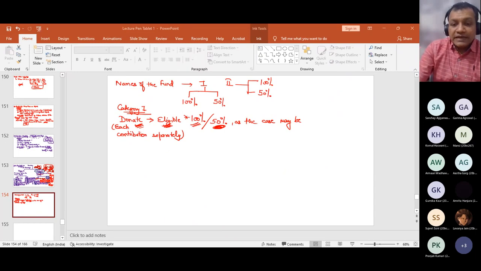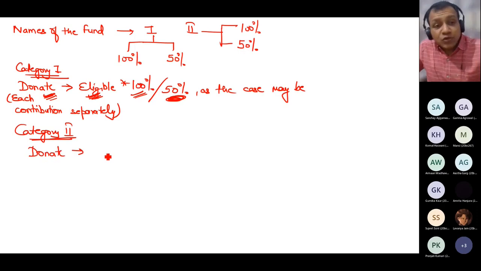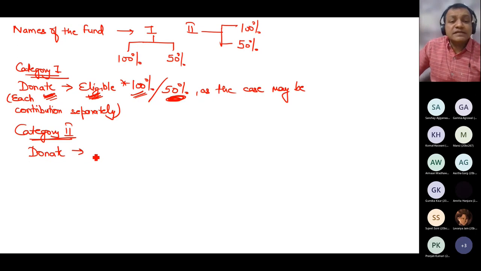Very good. But category 2 is different. In what sense category 2 is different is that whatever you donate might not be eligible. I cannot say that whatever you donate is eligible. No. First of all, I will not check individual donations.